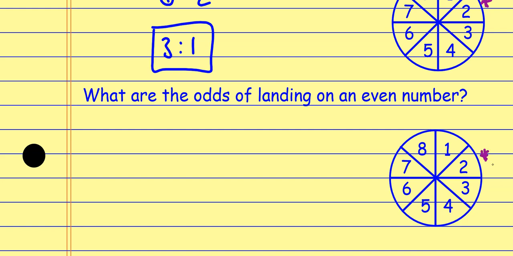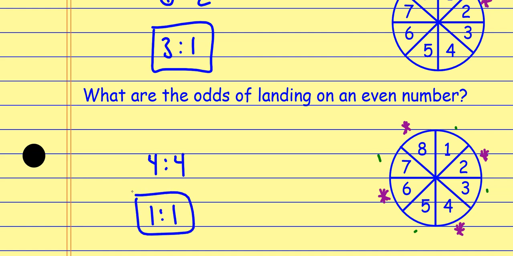We've got this guy, this one, and this one. So the odds of landing on an even number would be 4. There's 4 of those. The odds of anything else occurring, of not landing on an even number, would be everything else, would be these 4 that are left. So the odds of landing on an even number are 4 to 4. When I reduce it, it's 1 to 1.